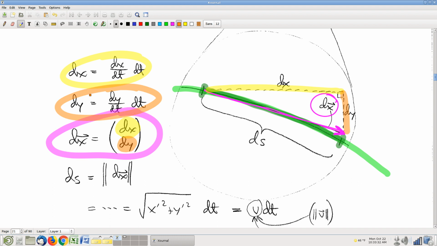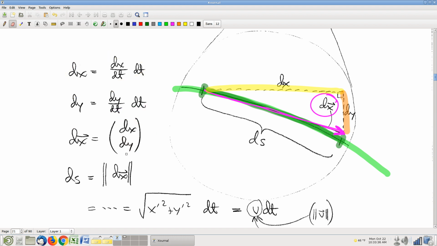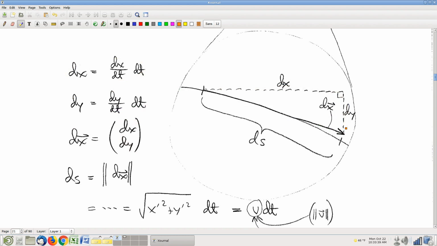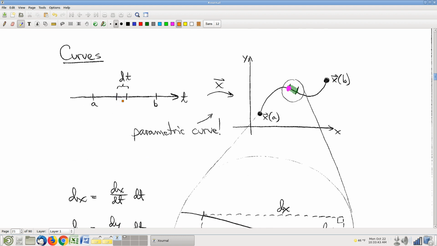That's single variable calculus. Okay. So with all of this having been built up, keep in mind my goal here is I'm counting ants, or I'm adding up mass, or what have you. So I'm interested in knowing how long is that little piece of curve.